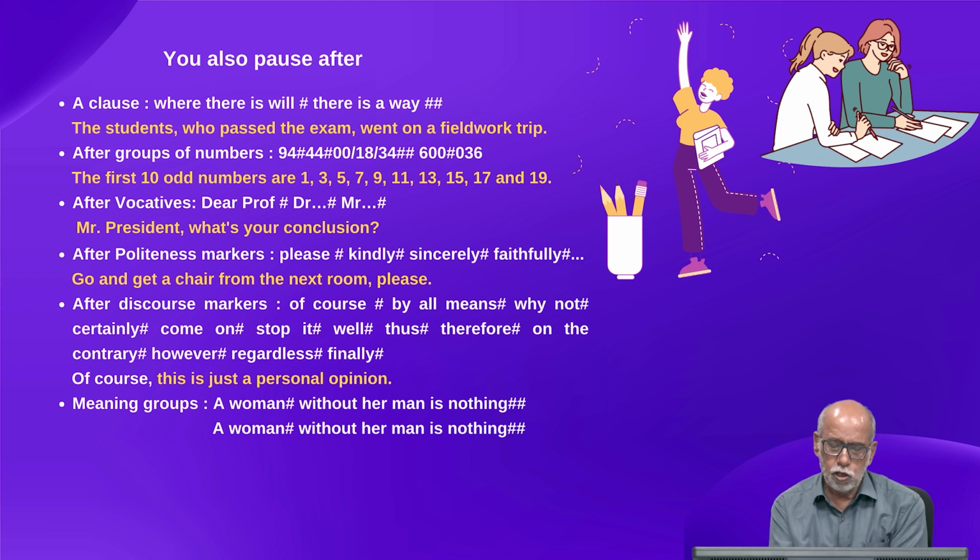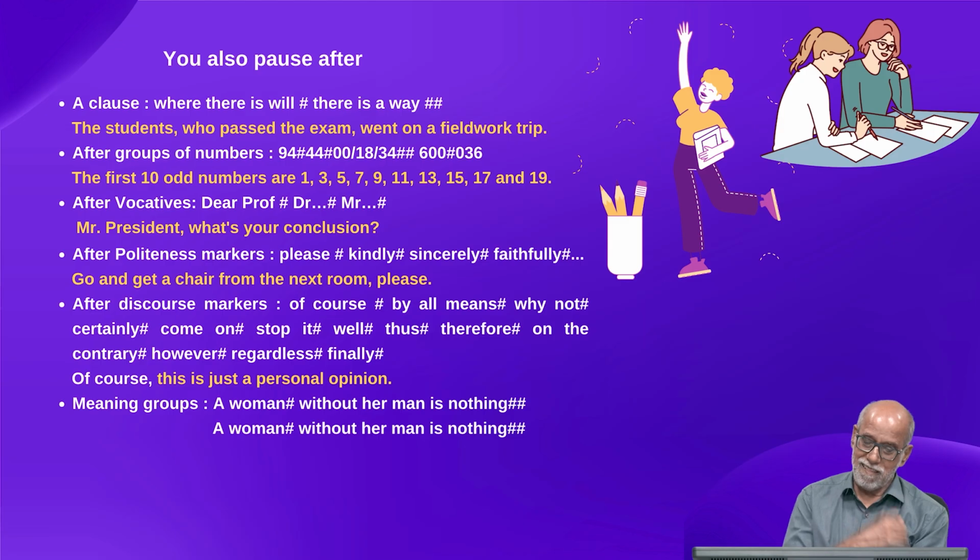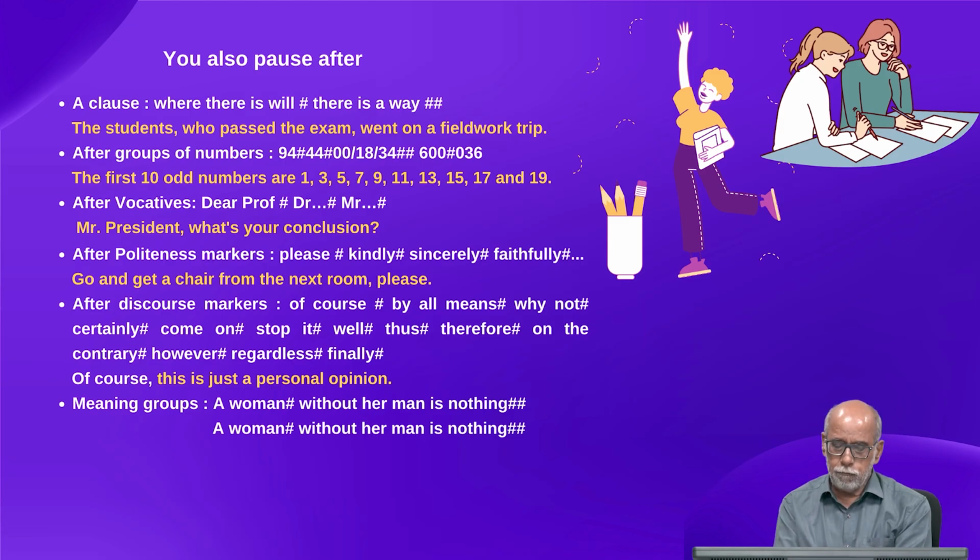Then you pause also after discourse markers, such as of course. You can say, of course, this is just a personal opinion, it is not a piece of cultivated research. Or, by all means, can I take your book away?